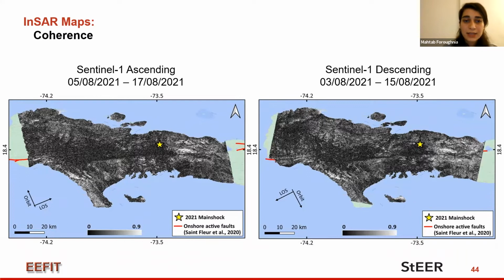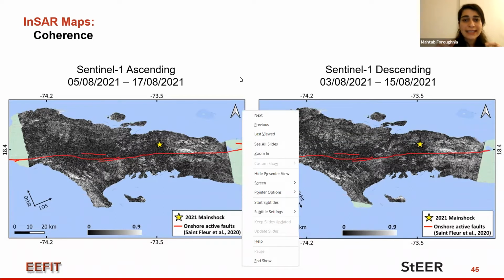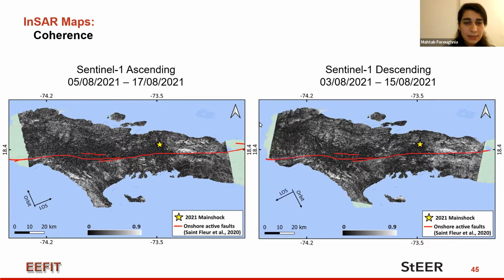But it does not necessarily mean that all the dark pixels that we see here are only related to damages, because we have also vegetated areas which change very fast over time. And another interesting point here is that we can see a kind of discontinuity in the middle of the coherence map as a dark line.